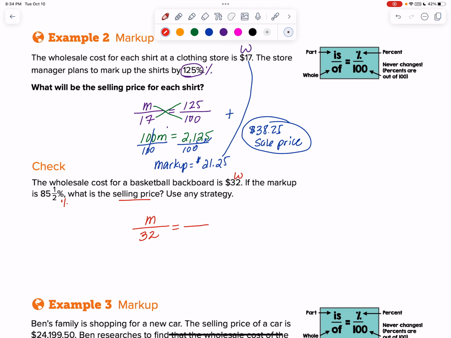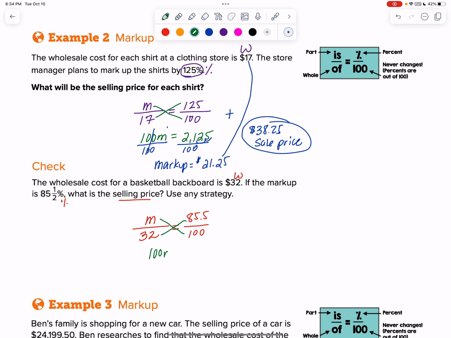And then let's do our percent side. So we have 85.5. That's always over 100. Okay, so I want to know what is the markup. Okay, if we're increasing it by 85.5%. So let's go ahead and do our means extremes.